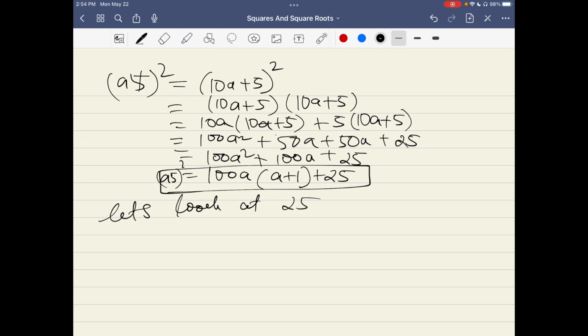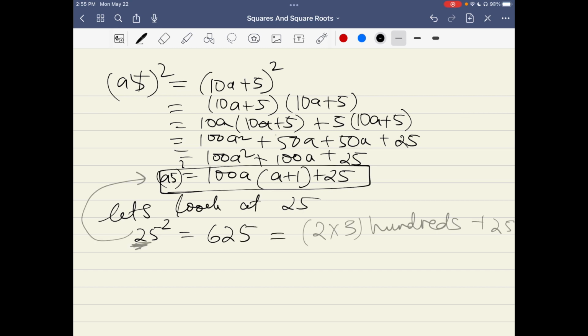So now let's look at 25. What would be 25 squared? It is actually 625. So let's talk about why 25 squared is 625, or why I wrote it as 2 times 3 hundreds plus 25.